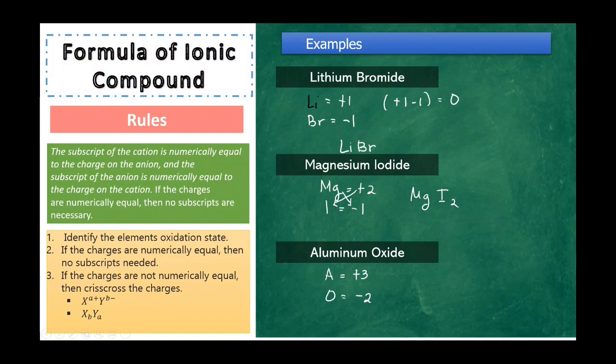So the negative and the positive charges will not affect the naming, okay? So you have to crisscross because it is not equal, and aluminum, which is the metal, first, we have 2. Then we have oxygen here, which is 3. So this is how we name and write the chemical formula for an ionic compound. Okay.